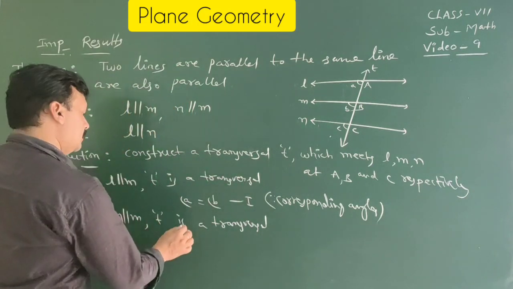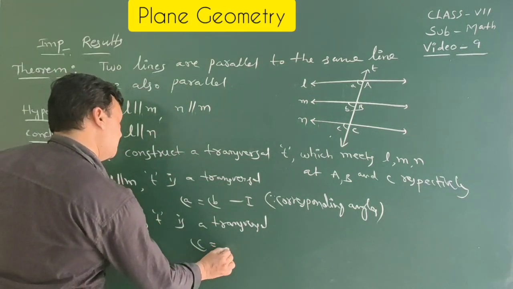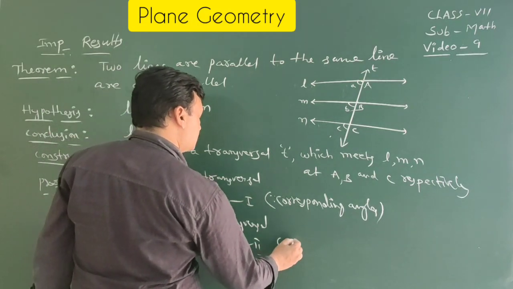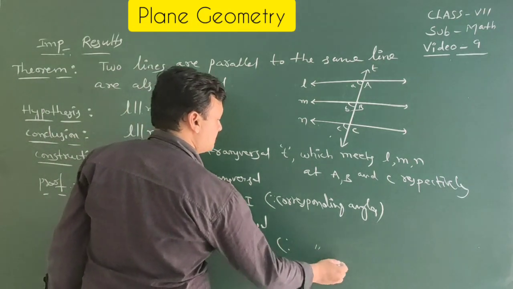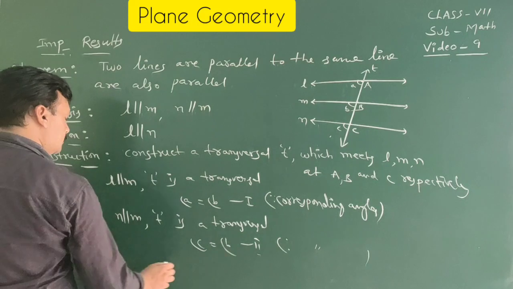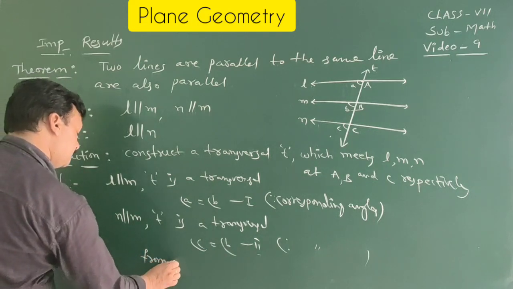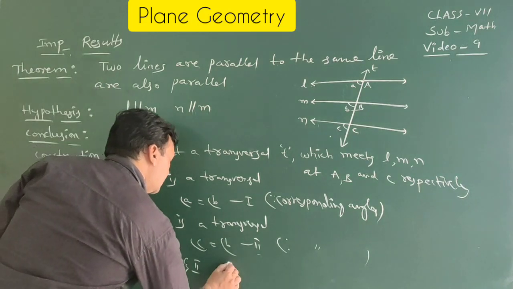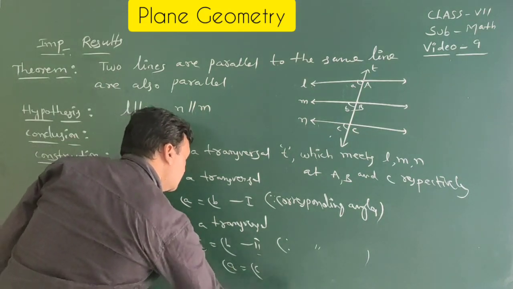Now, angle C equals angle B. Second, here also the same, corresponding angles. From 1 and 2, we can say angle A equals angle C.